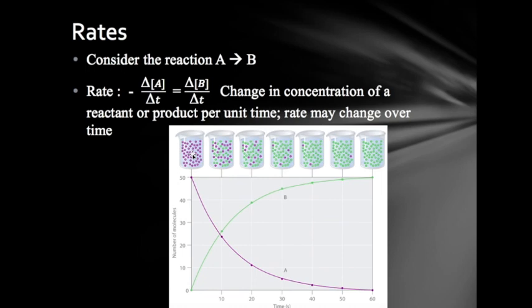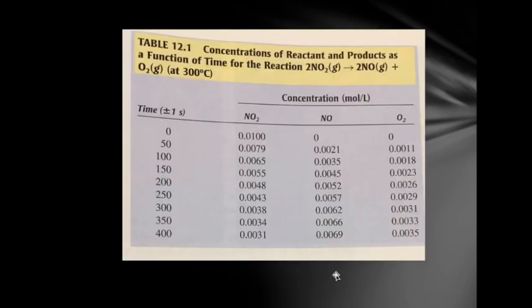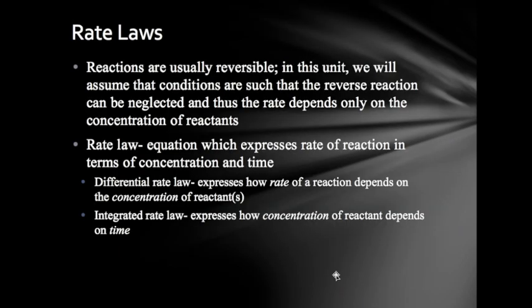If I'm decreasing the amount of A available to react, it makes sense that the reaction will proceed slower and slower and slower. Rates typically, not always, depend on the concentration of reactants available to react. An equation that relates those two variables, the rate of the reaction, the speed of the reaction, and the concentration, we call it a differential rate law.